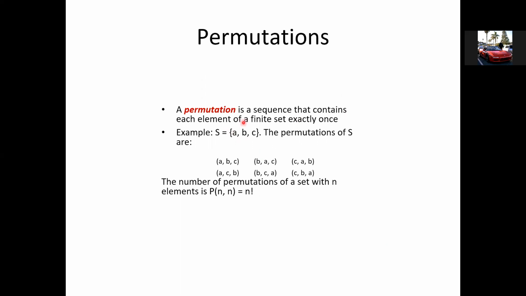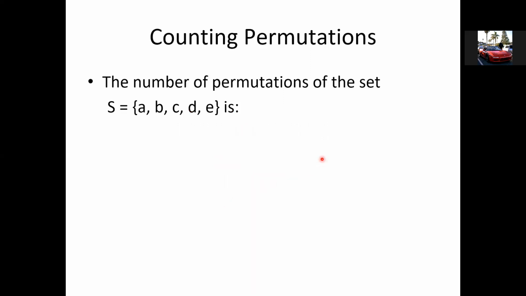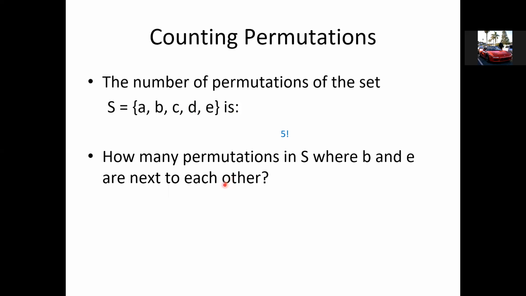So for permutations of a 3-element set, there are 6 possibilities. And what's the general formula for r-permutations? It's n factorial over (n minus r) factorial. In this case, r is n, so n minus r becomes 0. So that vanishes. 0 factorial is 1, so it's just n factorial. So if you have a 5-element set, it's 5 factorial.